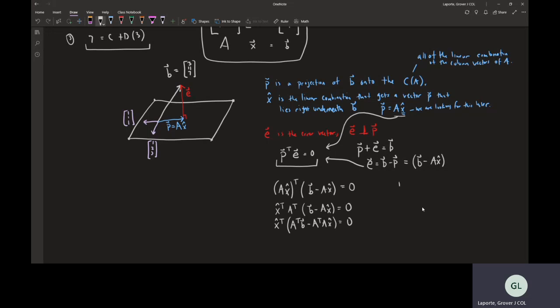And now if X hat transpose is not equal to the 0 vector, then what can we say? Then we can say A transpose B minus A transpose A X hat is equal to 0.